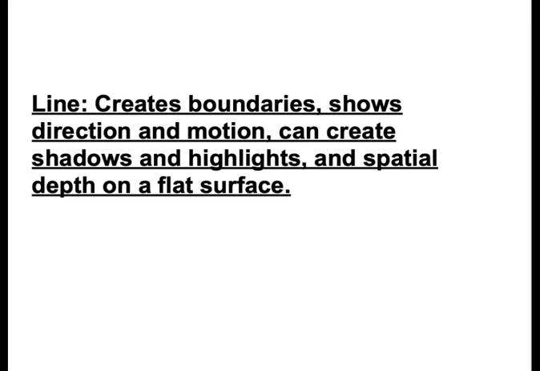So just hold on to that one. Haven't seen an example of that yet. It also can show spatial depth on a flat surface. And we didn't get into perspective. I think we will get into that when we talk about space, but lines can be used to make things look like they're going back in space, and we'll talk more about that later too.